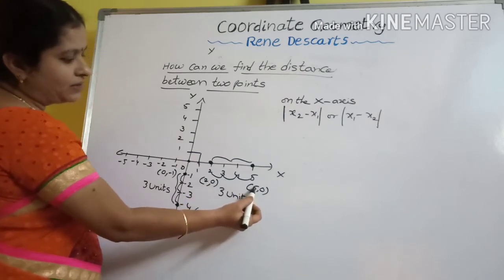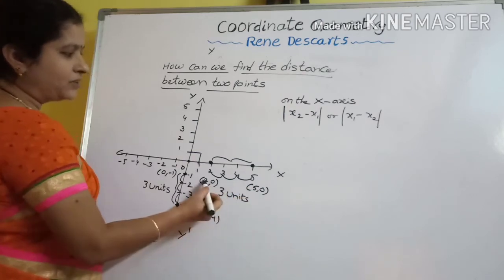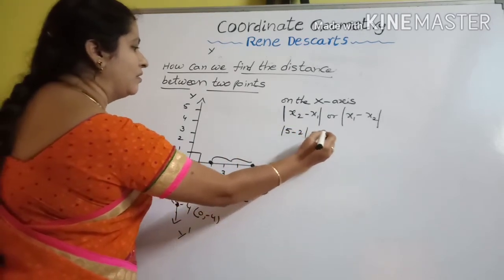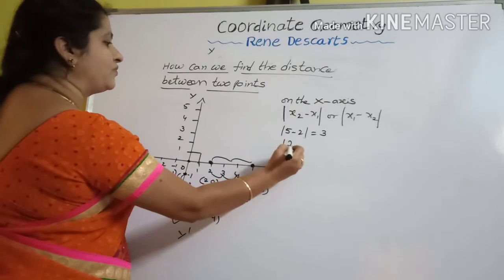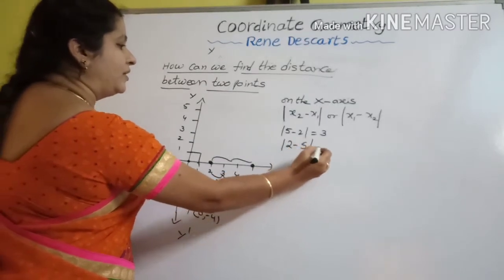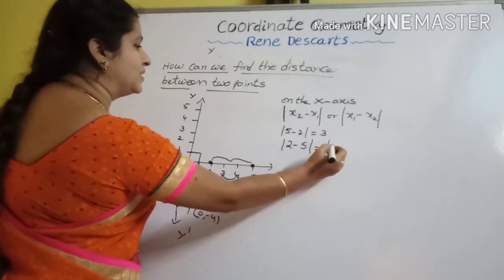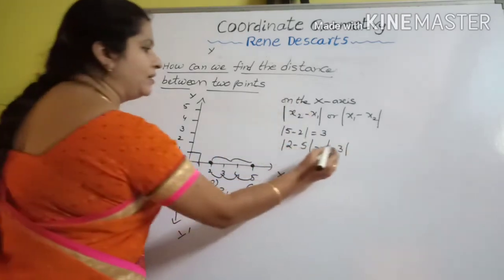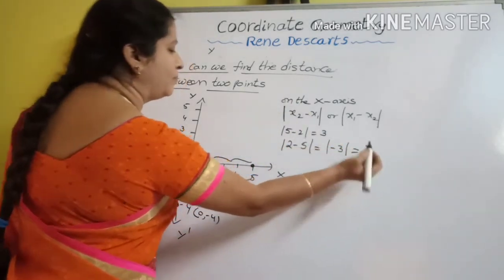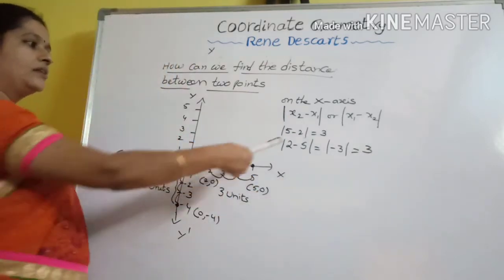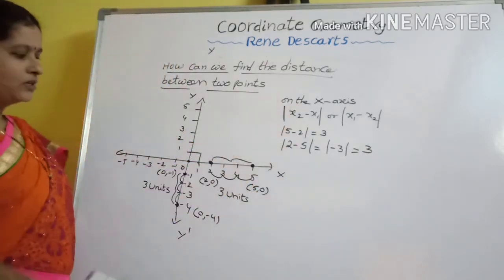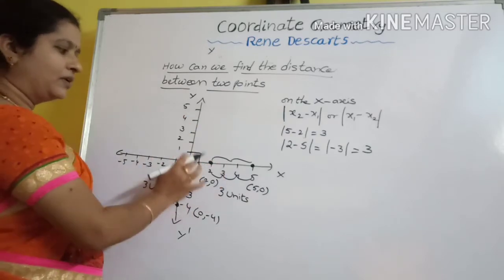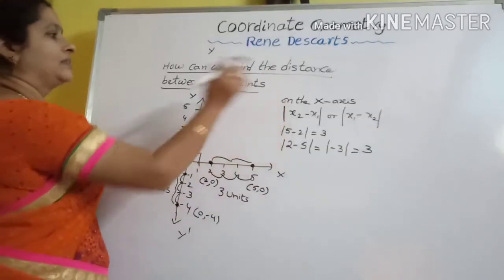So what is the difference between these two? 5 minus 2 equals 3. Or if we take 2 minus 5, we get -3. By using the modulus symbol, you always take the positive value. So here also 3 units. So this is the general formula to find the distance between 2 points on the x-axis.